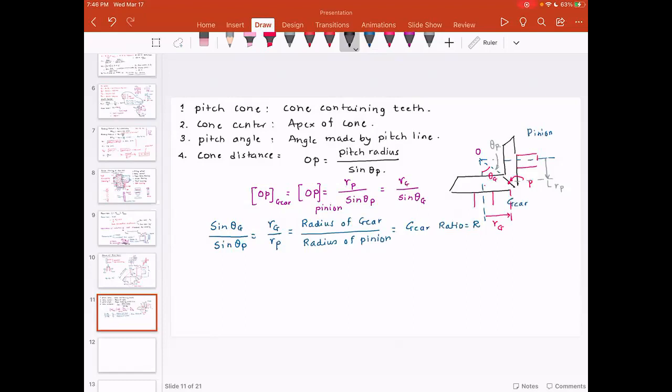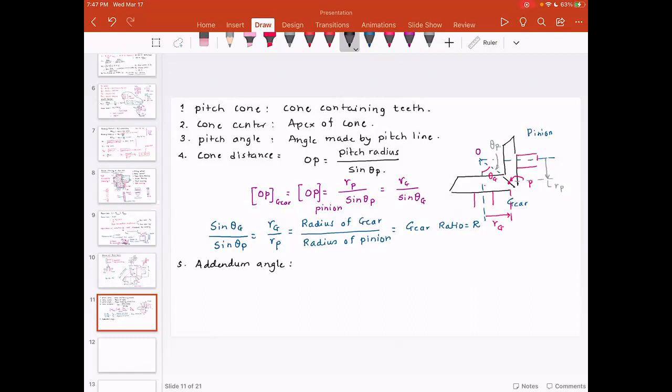The next piece of information is something called the addendum angle. The addendum angle is the angle subtended by the addendum of the tooth at the cone center.